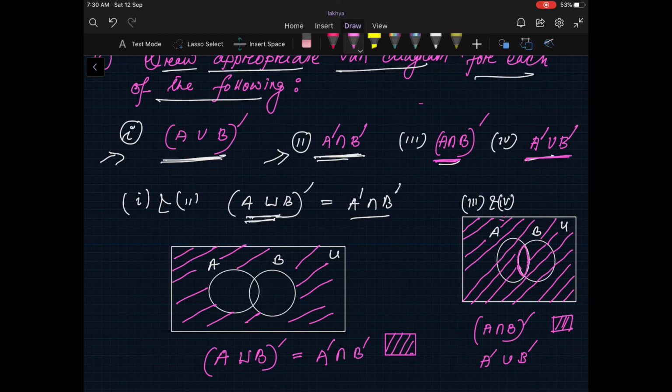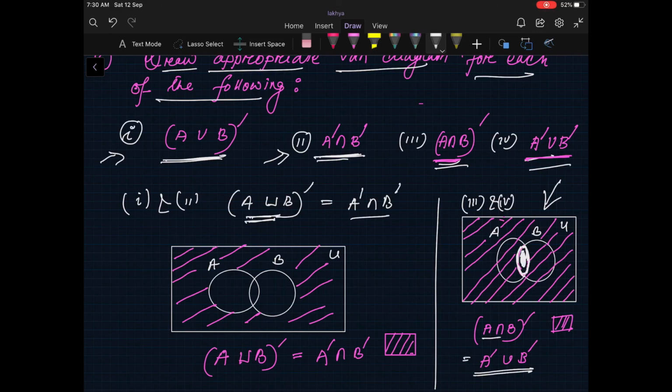Because according to De Morgan's law, complement of A intersection B equals A complement union B complement, these two will be represented by this same Venn diagram. Here only this common region is excluded, and the remaining region is the complement of A intersection B.